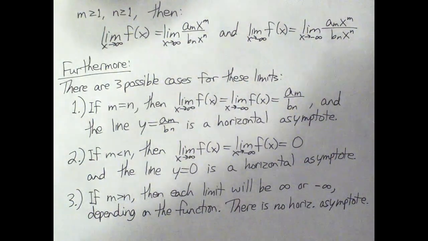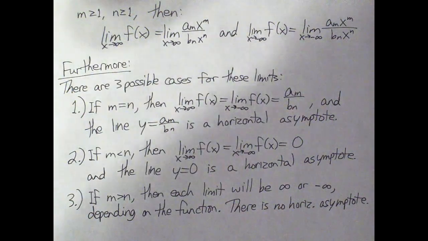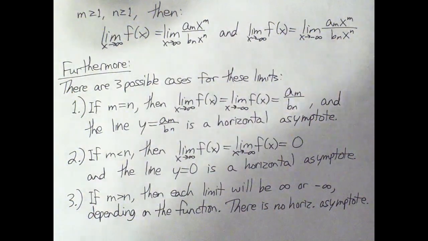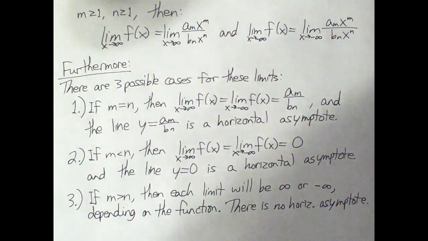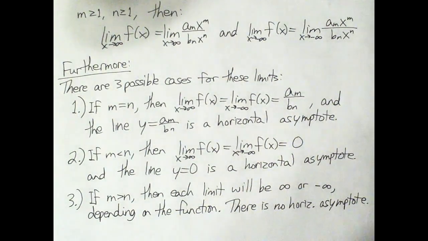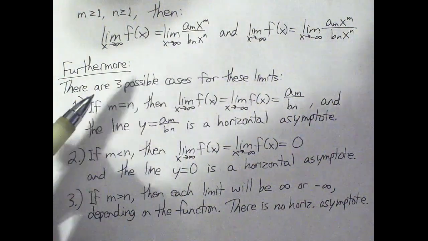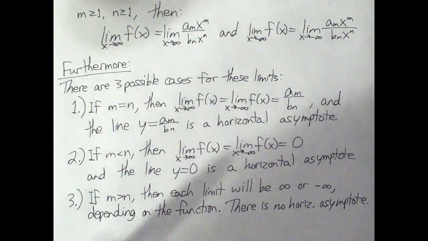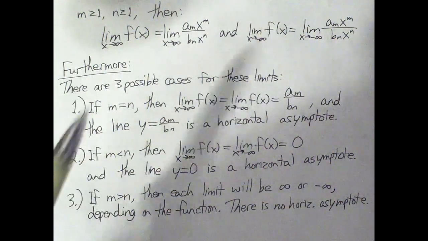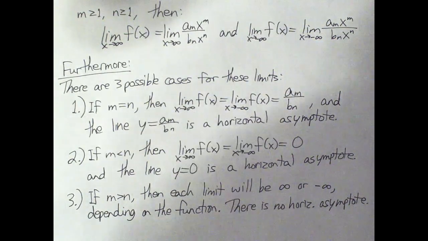Now, if this all looks familiar to you, it's because you may have seen this before either in an algebra class or in a pre-calculus class, because in those classes you probably talked about rational functions and asymptotes. We talk about graphing them and finding asymptotes, and you had 3 cases, and it was about the degree up top and degree on the bottom. What's different now is that we are saying all of this with this limit terminology.